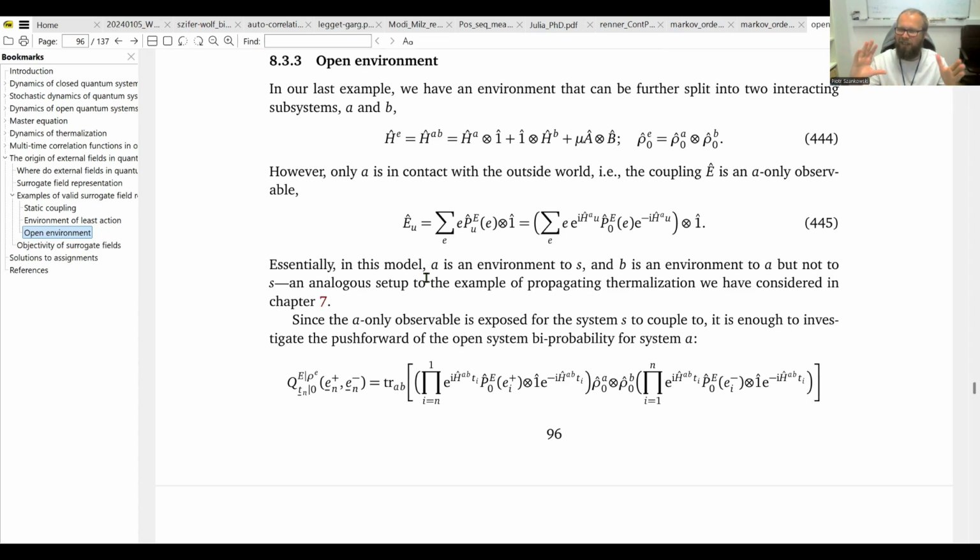But they all, in the end, give you this surrogate field approximation, where your bi-trajectory probability distribution is such that bi-trajectory collapses into uni-trajectory. And all those different scenarios will, in one way or another, reproduce all the examples of external fields, Hamiltonians of external fields that you can encounter in textbooks and stuff like that.